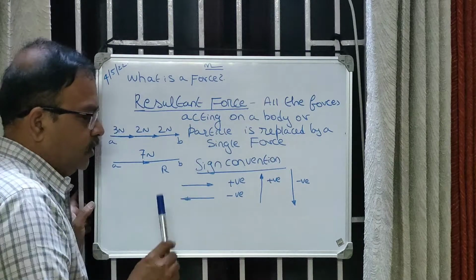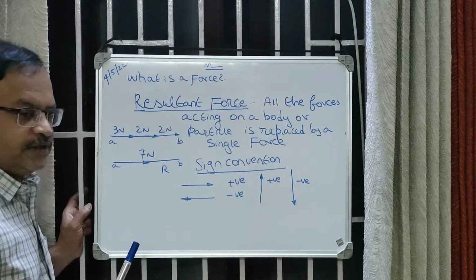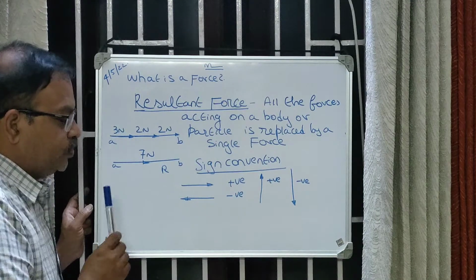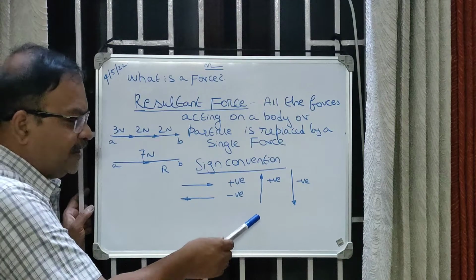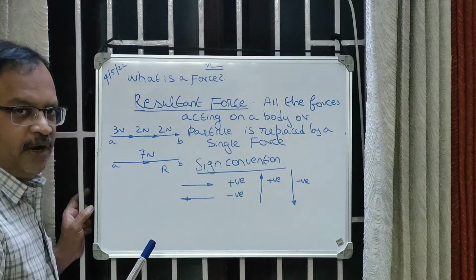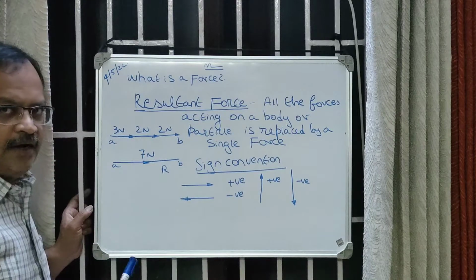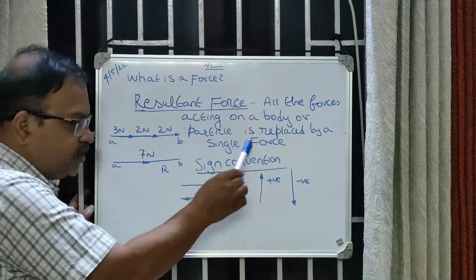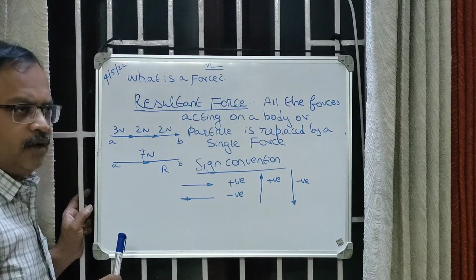Here the force acting towards the right is taken as positive and the force acting towards the left is taken as negative. Similarly, the force acting upwards is taken as positive and the force acting downwards is taken as negative. This sign convention should be meticulously followed while solving the problems.